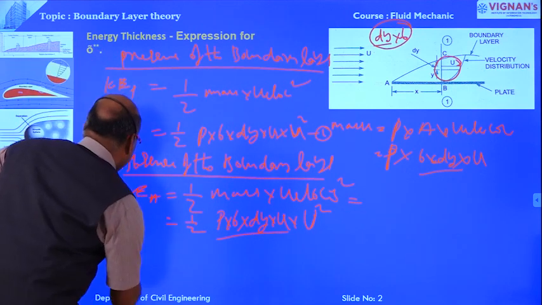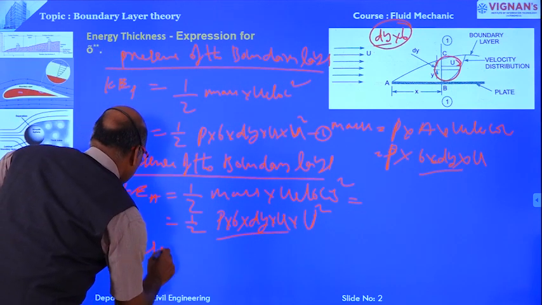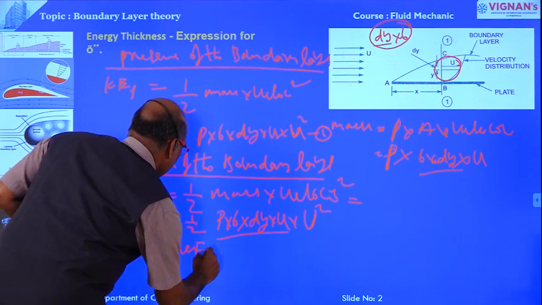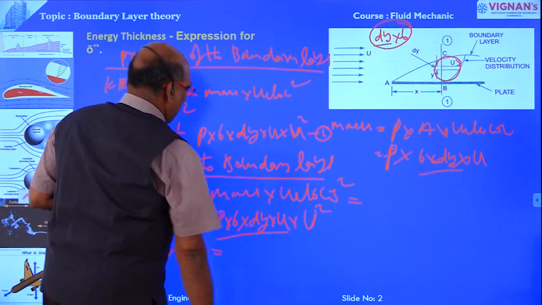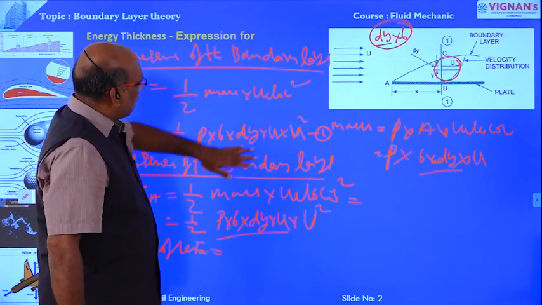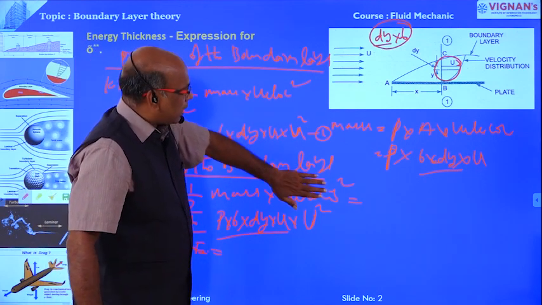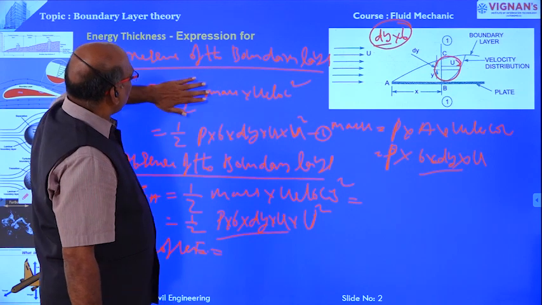Now, loss of kinetic energy because of the formation of the boundary layer is equal to the kinetic energy in the absence of the boundary layer minus the kinetic energy in the presence of the boundary layer.